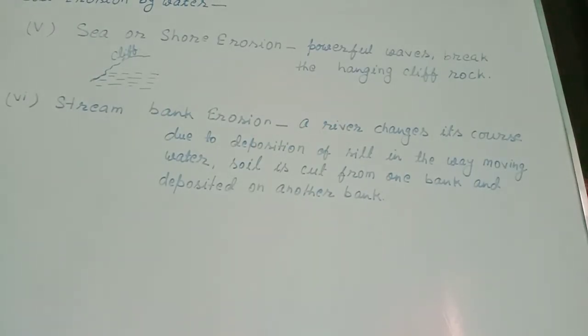The remaining 2 processes of erosion by water: first, sea or shore erosion. In this process, powerful waves strike the coastal region and break the hanging cliff rock.